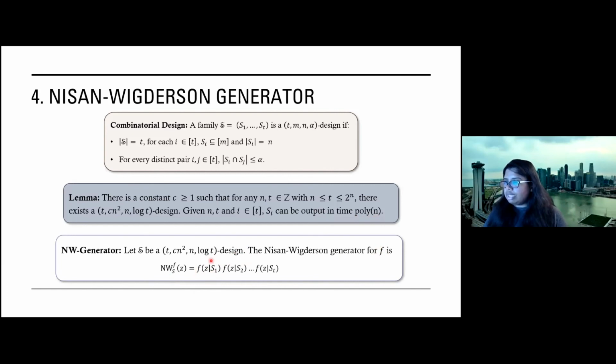What f of z restricted to S1 implies here is that z is an m-bit string, and I'm going to take n different indices out of that, and that's what my f is going to act on. Because this is a T design, there are T different elements here, and I will get a T-bit output. I hope that's clear, not too confusing. So this is essentially going to be my generator.